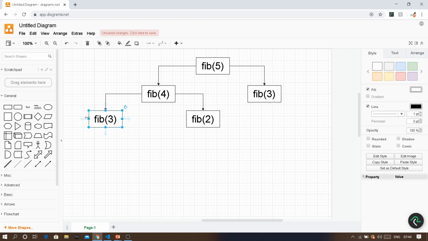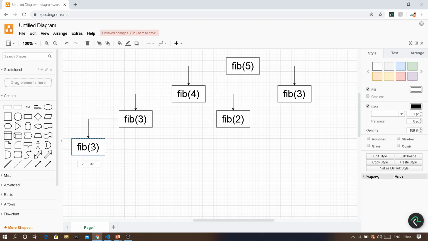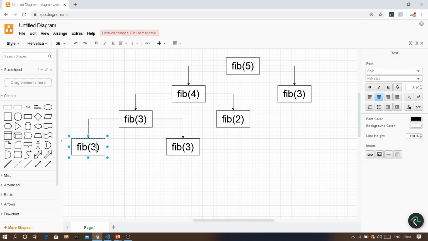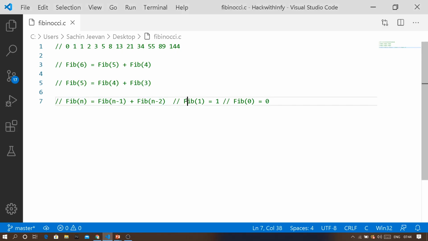Coming to Fibonacci of 3, again you want to find Fibonacci of 2 and Fibonacci of 1. Fibonacci of 1 is a stopping condition that we already know, so you can stop.